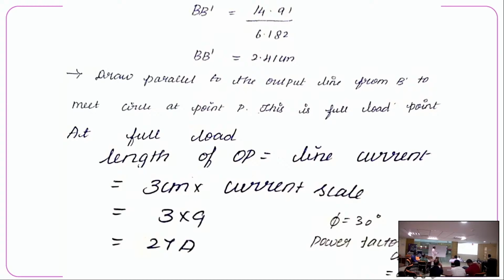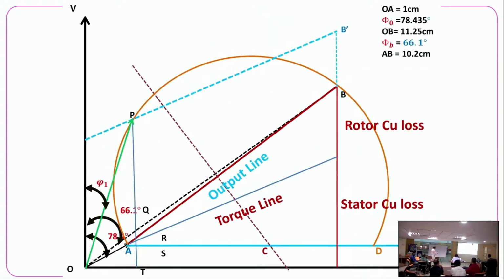So how to draw the full load point? It is written here. Draw the parallel to the output line from B to meet the point at P. From B, draw a line parallel to the output line.